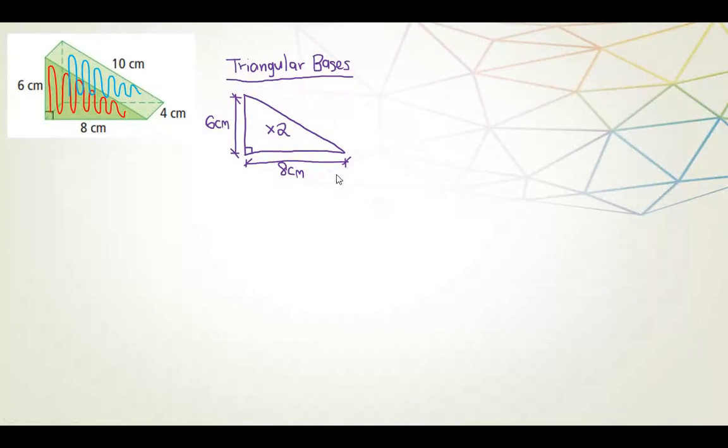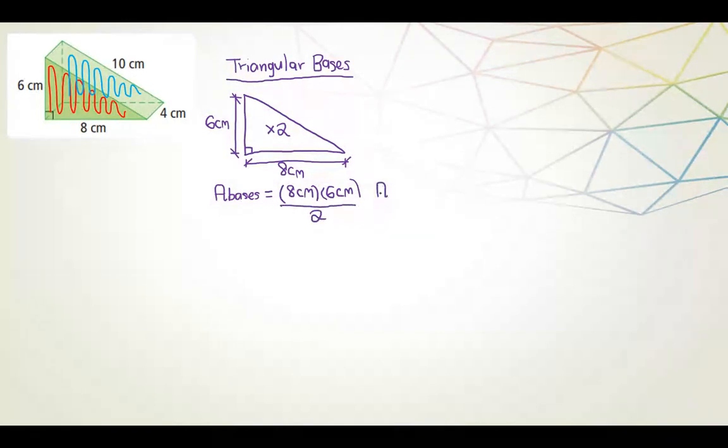Now, I want to calculate the area of this. This is the area of a triangle, so I'll write down A bases, and that's length times width divided by 2. So we're going to go 8 centimeters multiplied by 6 centimeters, divided by 2.